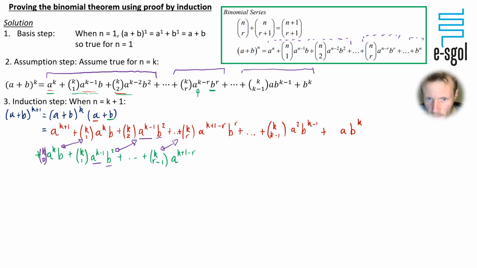Well, it was b to the power of something, so we're going to get here b to the power of r, because if I multiplied this by b, I would have got b to the power of r plus 1, and I'm thinking what comes before that. Plus, so now I do have a pairing up, dot dot dot.